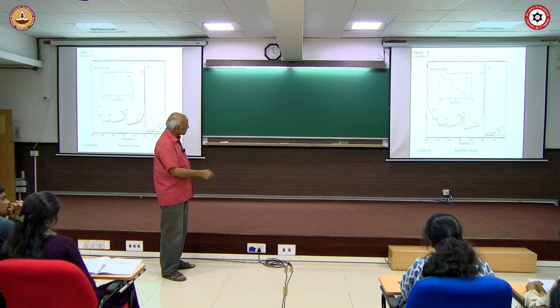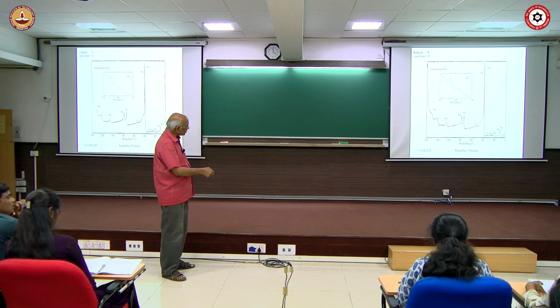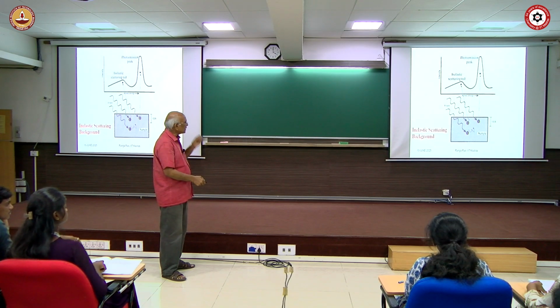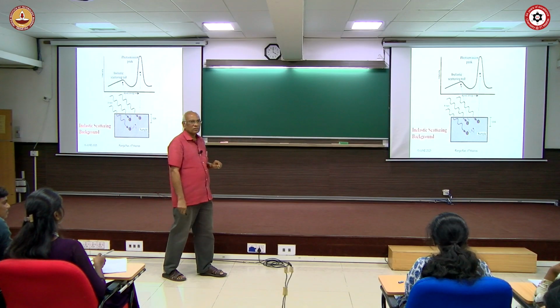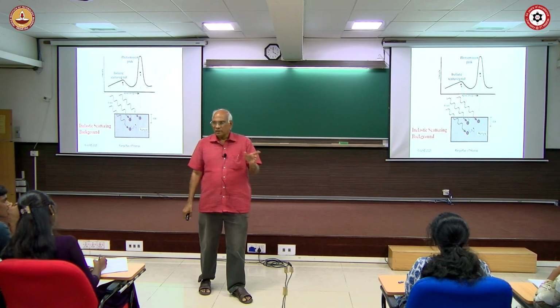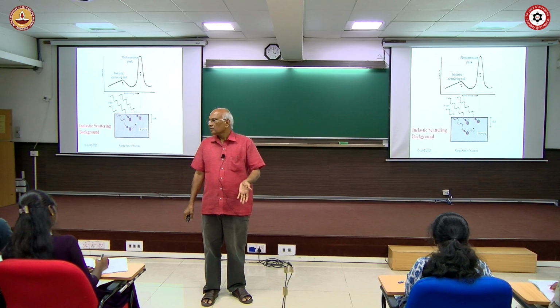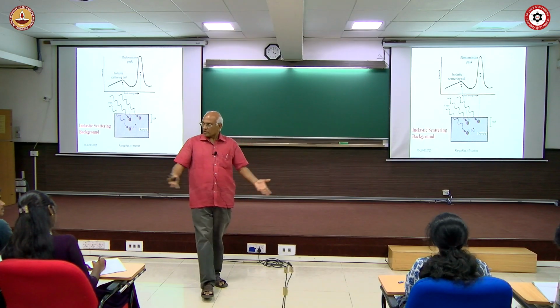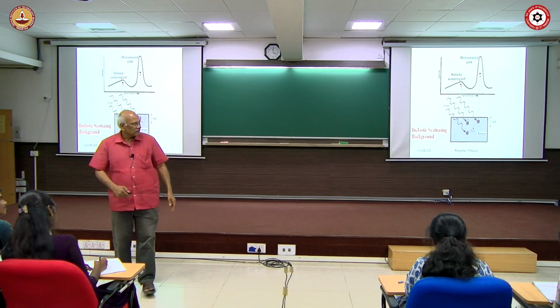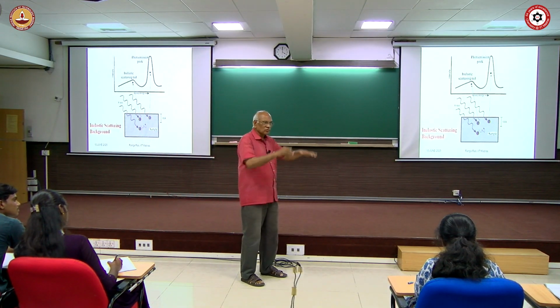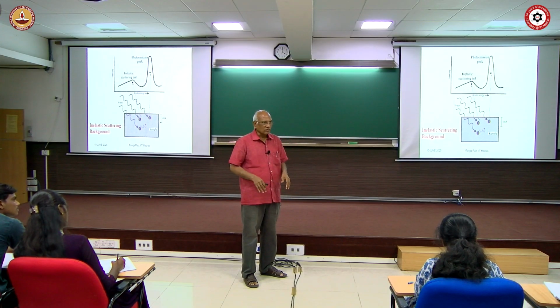For example, there is a background here, and here, and here. That background is coming from the electrons from the bulk. These are inelastic scattering background. Inelastic means they lose energy. As a result, there is a lot of background that can be seen in the photoemission spectra. There are methods to remove the background, but we will not go into those details.